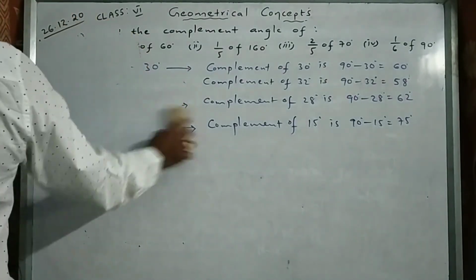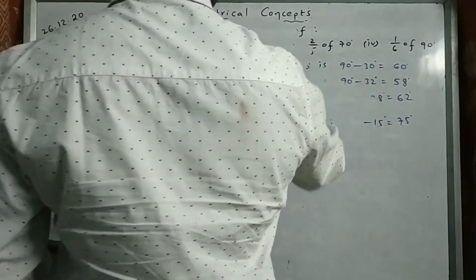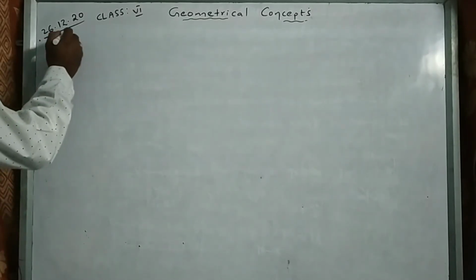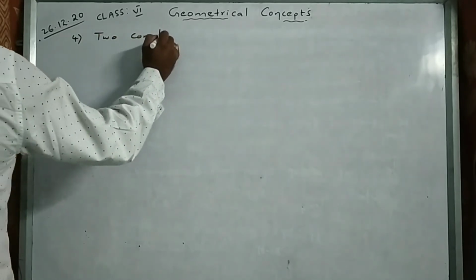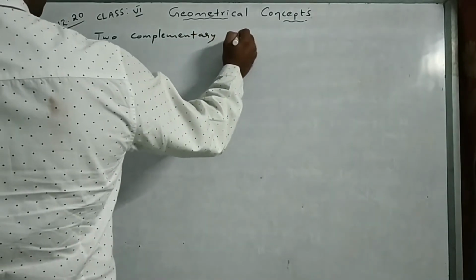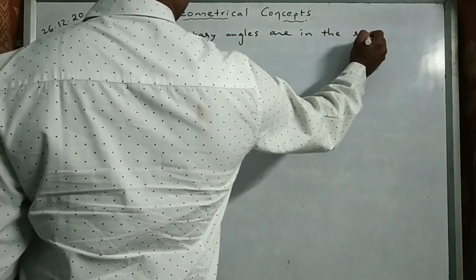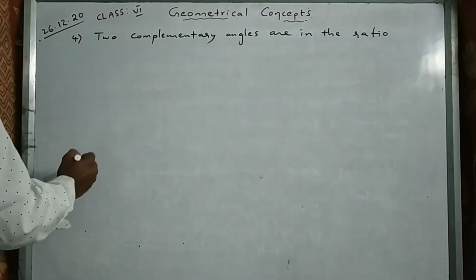Fourth question. Two complementary angles are in the ratio 7:8.